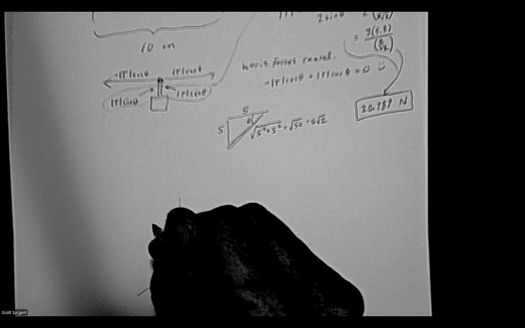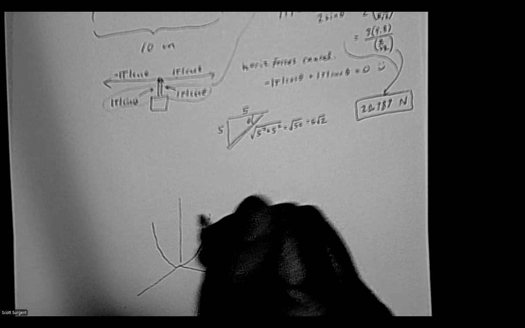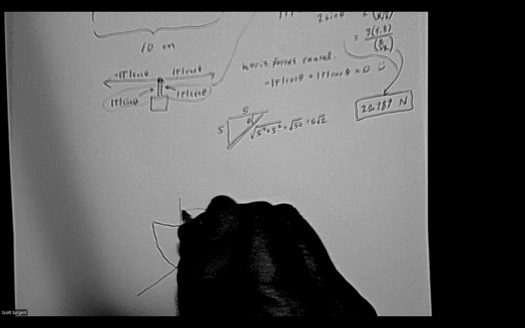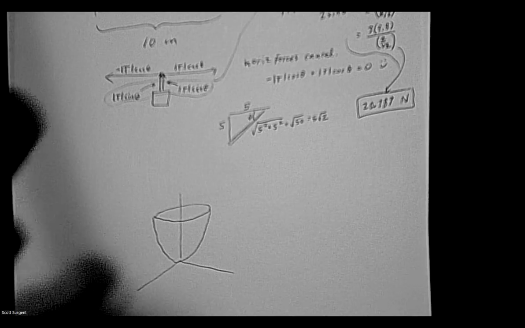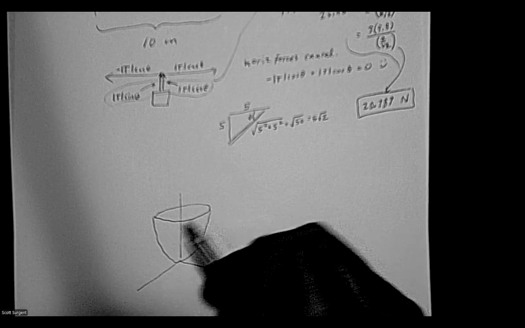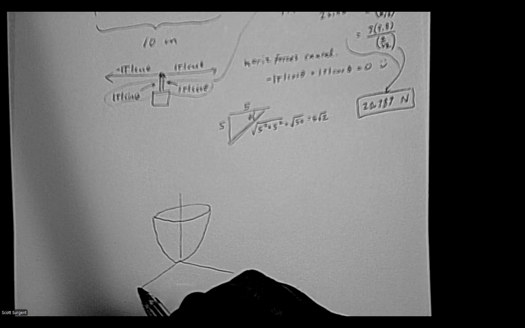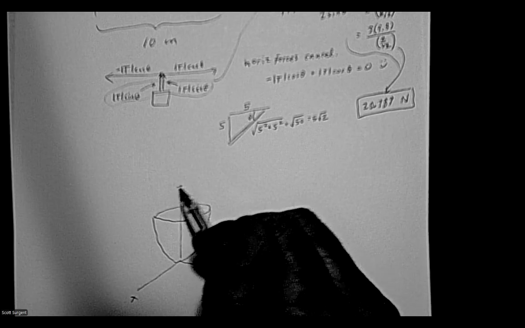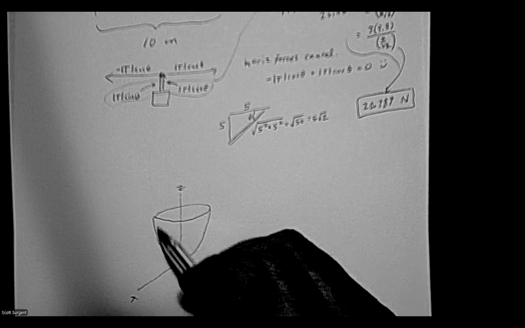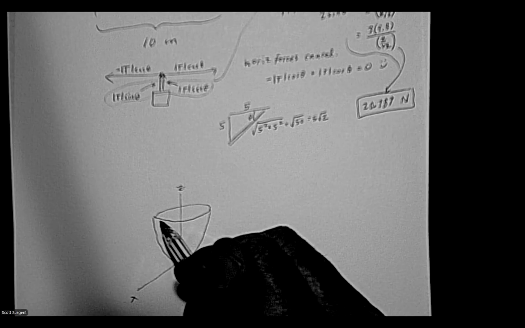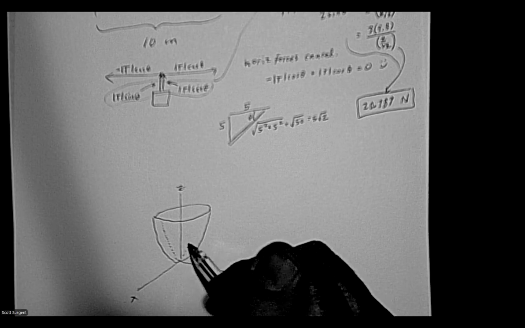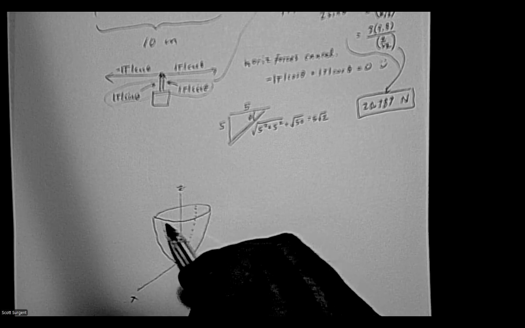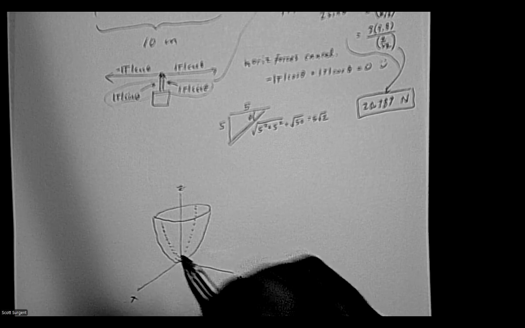Yeah, pretty much. So if a paraboloid, for example, is a bowl-shaped object, and I were to chop it with, let's say, the XZ plane, so this is X and this is Z, if I were to do a cross section, I would get a parabola on the XZ plane.